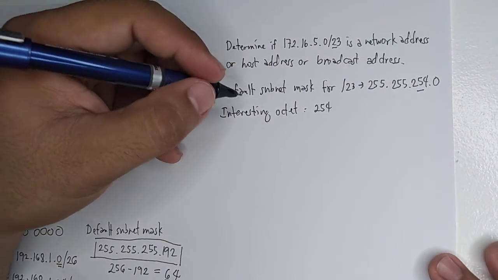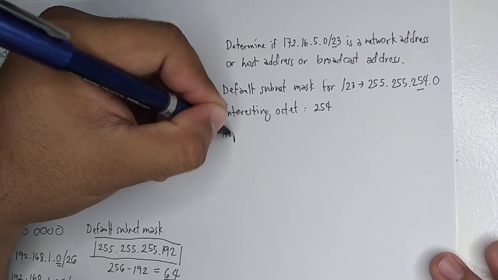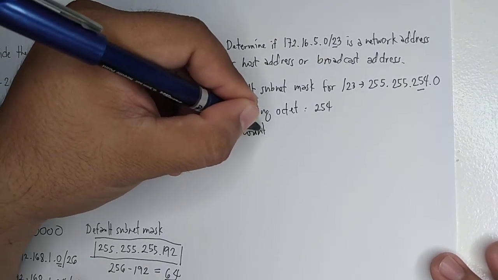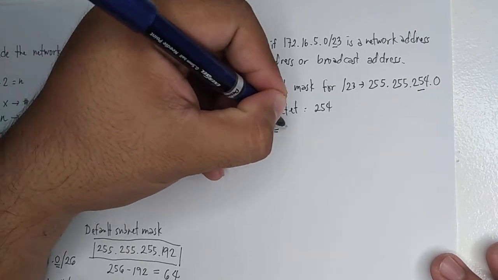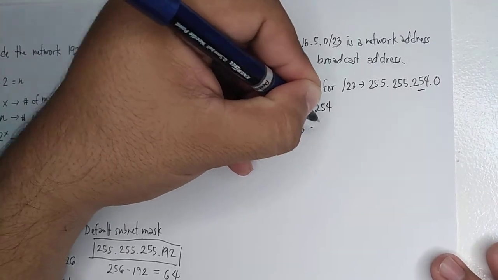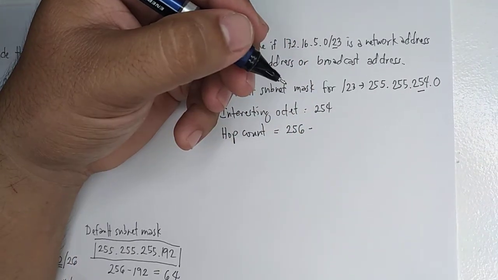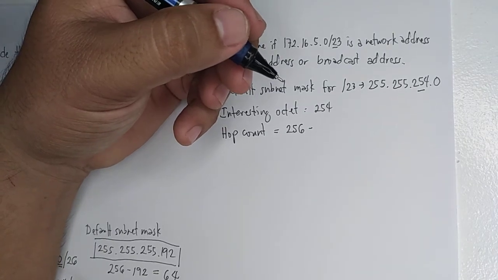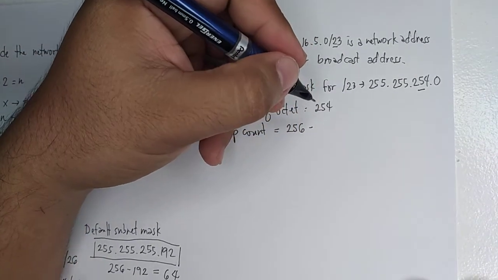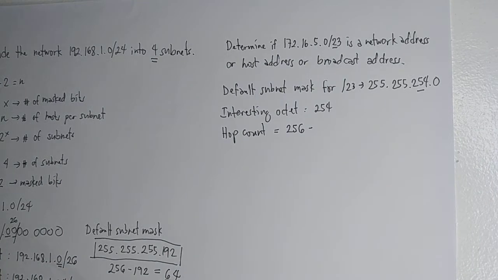Now let us determine our hop count for our network address. 256 is one block, or the number of addresses in one octet, from 0 until 255.